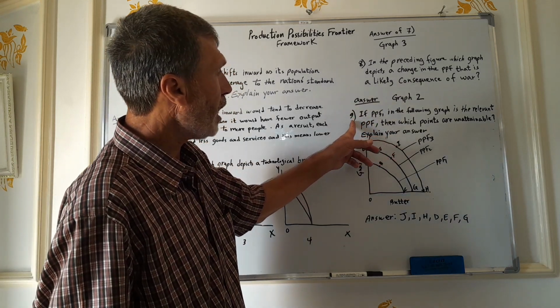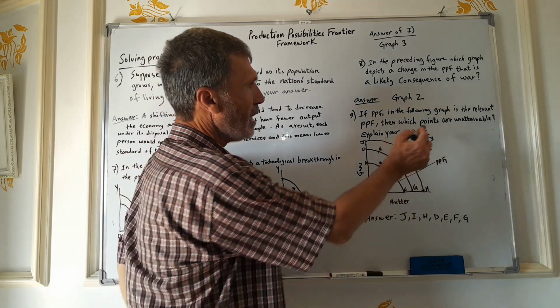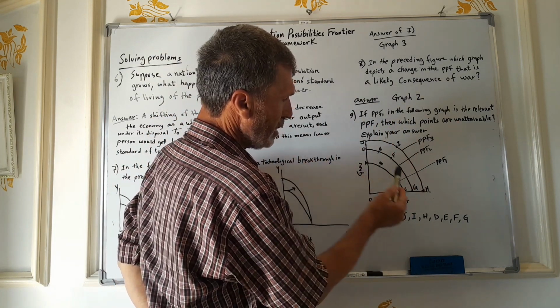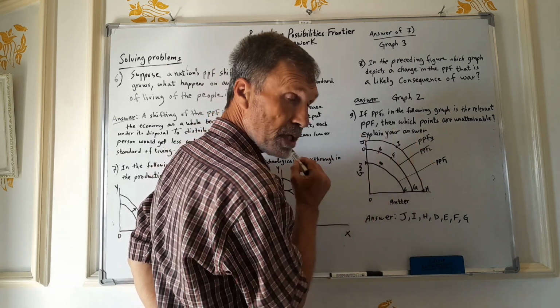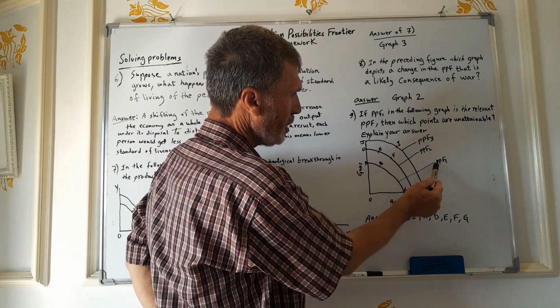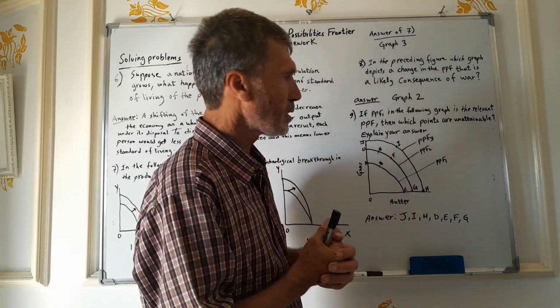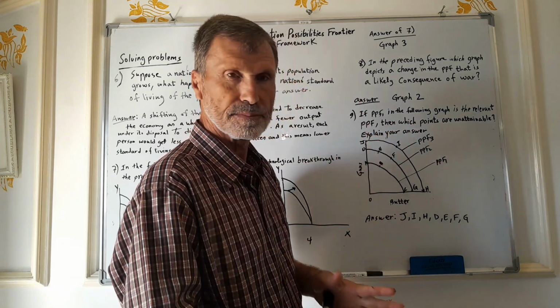Of course, 9, PPF1 in the following graph is the relevant PPF. You have 3 PPFs over here. The first one is PPF1, the second PPF2, the third is PPF3. Now suppose that PPF1 is the relevant one, the one we are focusing upon. Okay? Now, which points are unattainable?